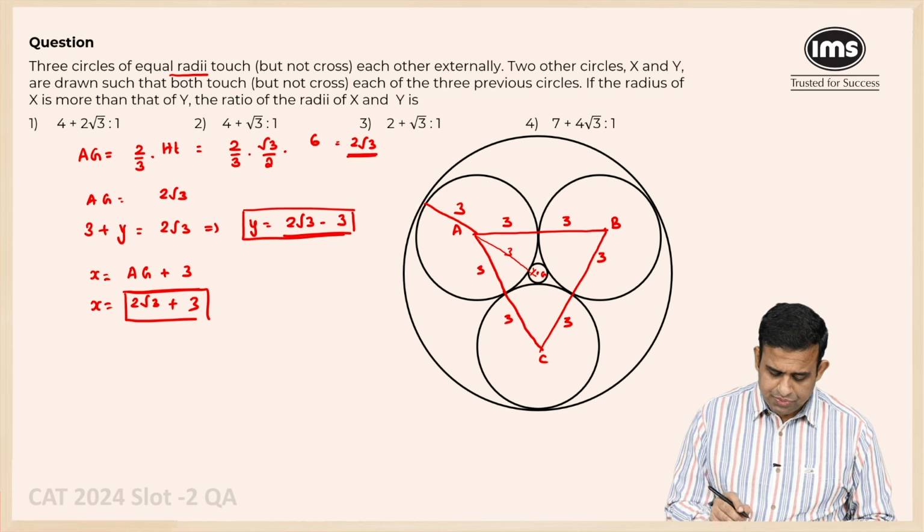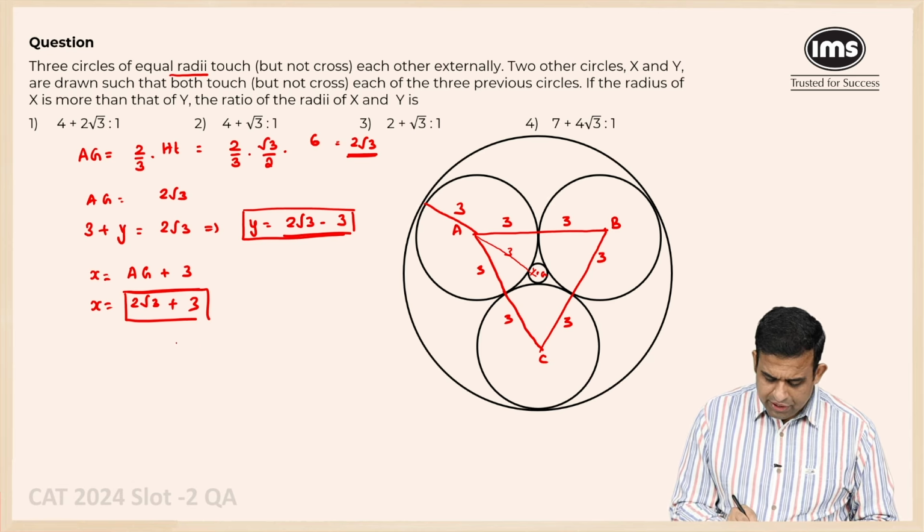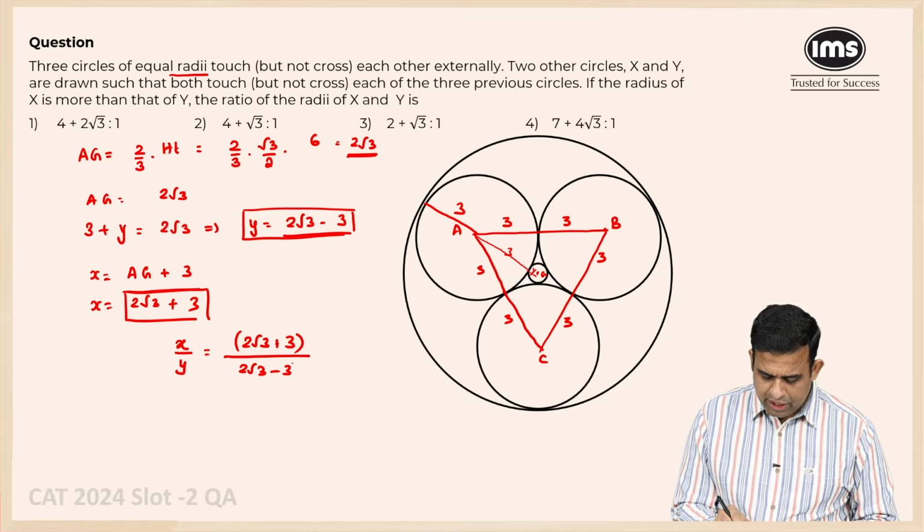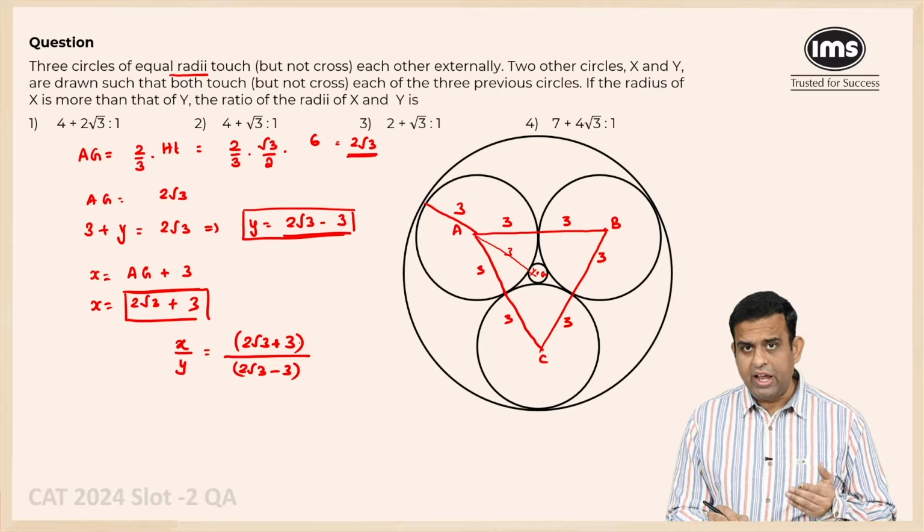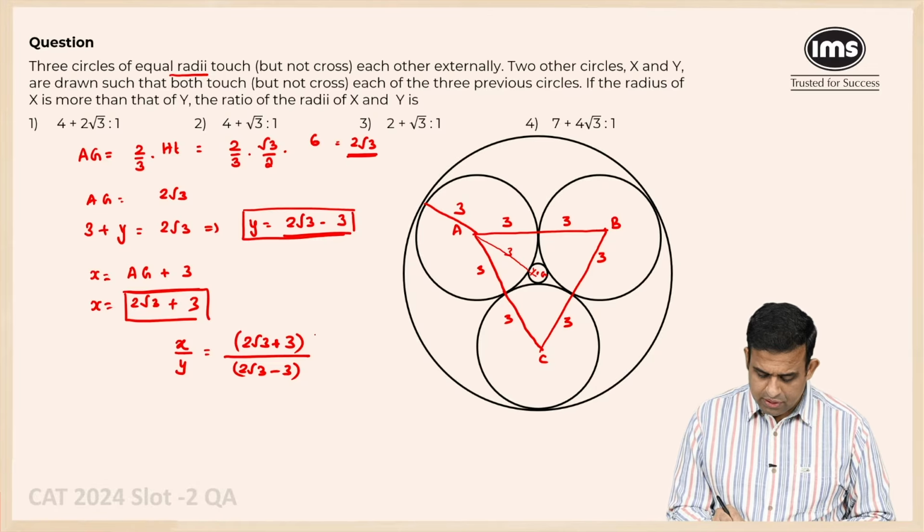Now we can easily find the required ratio of the radii. The required ratio has to be nothing but x by y. So 2 root 3 plus 3 divided by 2 root 3 minus 3. Now we can rationalize to make it simple. So 2 root 3 plus 3 divided by 2 root 3 minus 3.